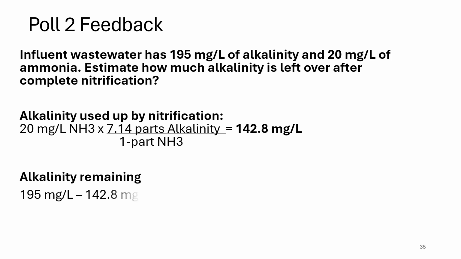So we subtract that from the 195 that was coming in. 195 milligrams per liter minus 142.8 gives us 52.2, and I rounded it down to 52. So great job to all of you who got that correct answer. And for those of you who chose another answer, this is the solution.